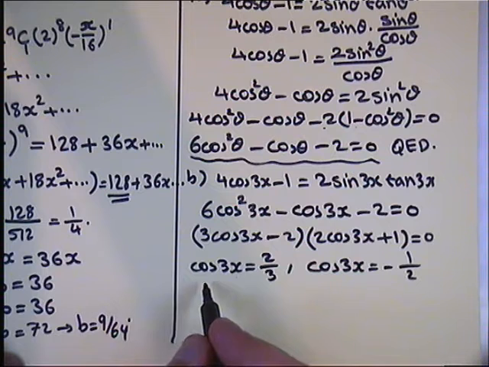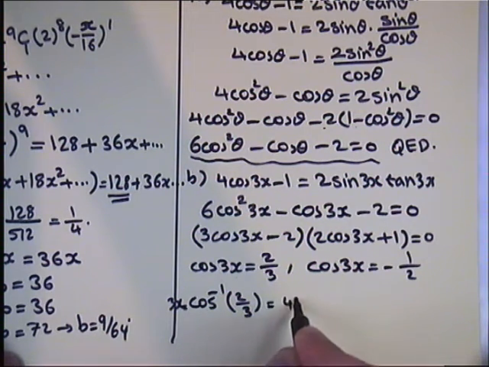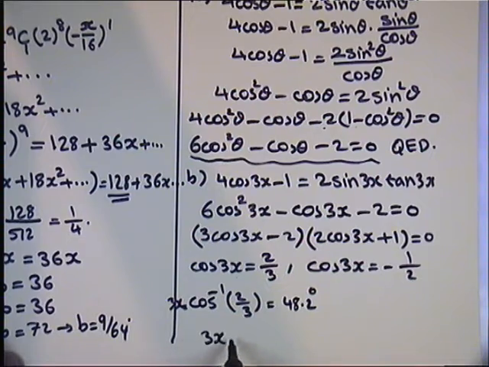Okay, so using the calculator again, cos inverse of 2 over 3, which is the same as 3x, must be equal to 48.2 degrees. 3x is equal to 48.2, x is equal to 16.1 degrees.